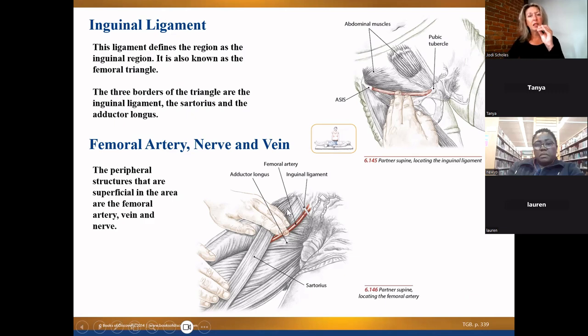It can slow down the circulation of the blood going through the femoral artery. This is especially important when we're talking about women who are pregnant lying on their back. We don't want to compress that femoral artery because the mom can go to sleep, and that would be bad.